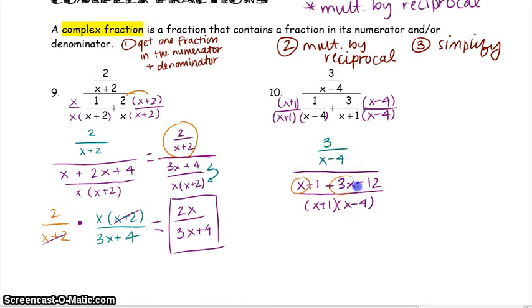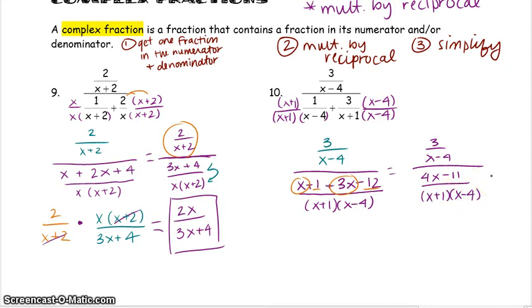So we have an x and a 3x and a 1 and a negative 12. So when we combine our like terms, we have a 3 over x minus 4, and 3x and x, so 4x, 1 minus 12, so negative 11, and that's over x plus 1 and x minus 4.